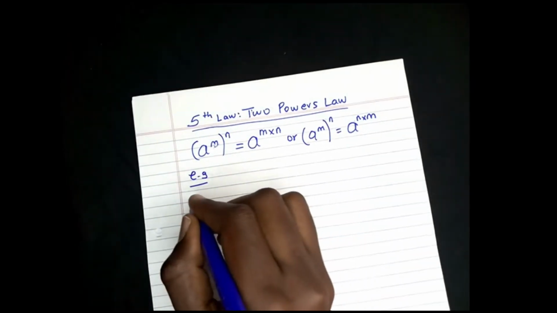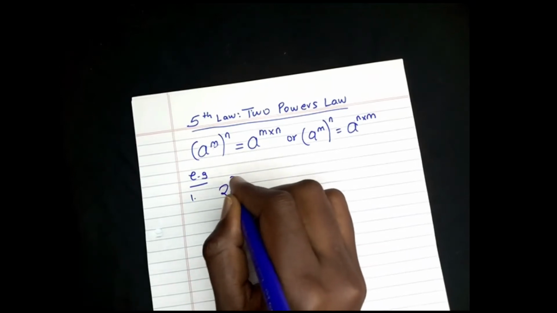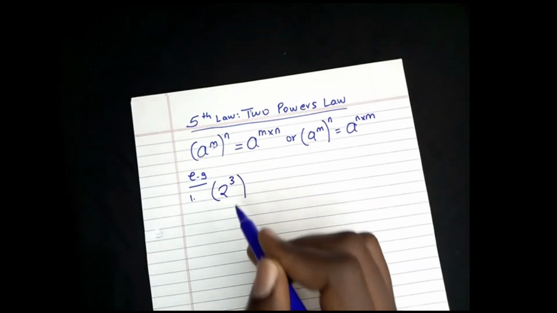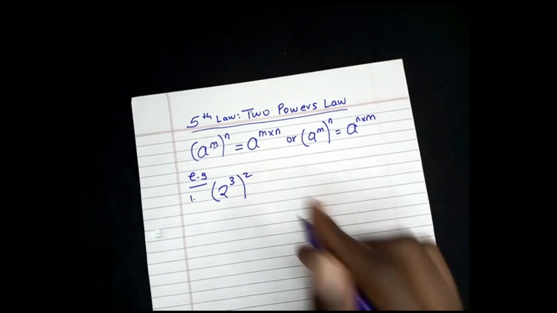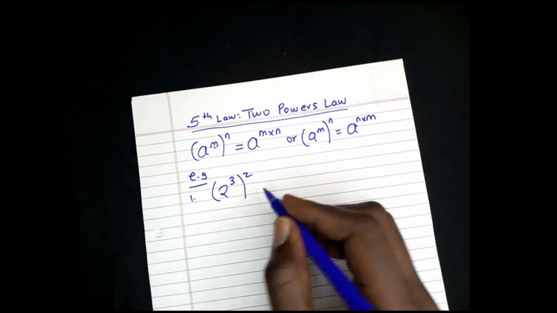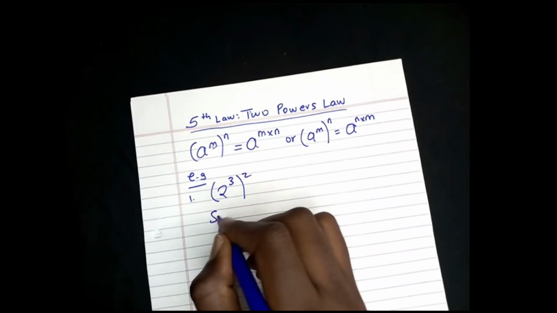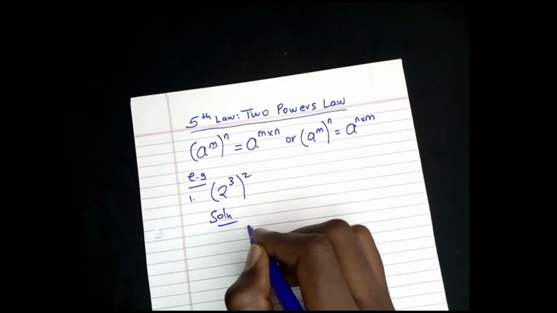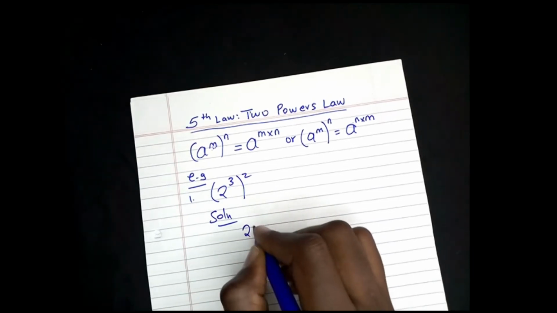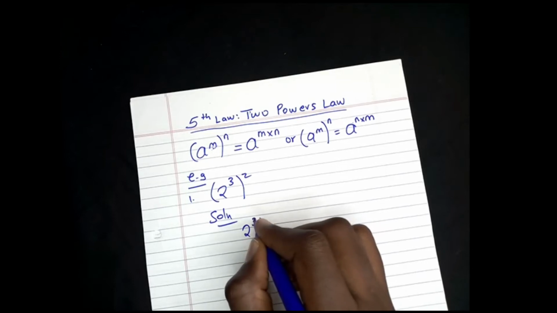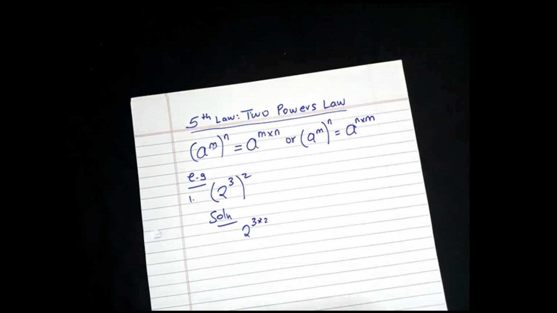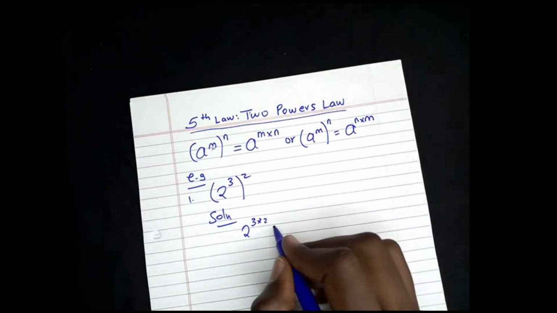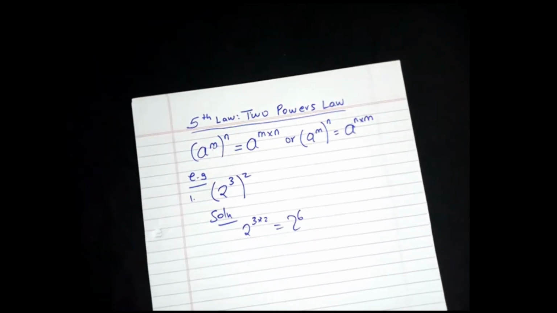If we have 2 power 3 raised to 2, what you simply need to do is, solution: you just take 2 power 3 and then you remove the bracket by multiplying the indices and you'll get 2 to power 6.